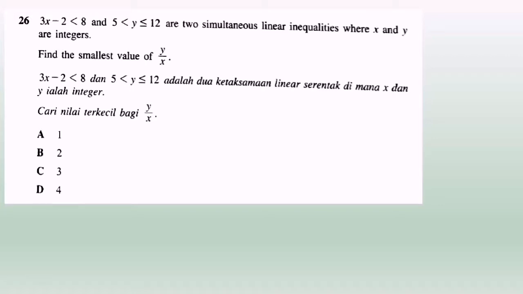Okay, so now we solve this inequality first. 3s minus 2 less than 8. 3s less than 8 plus 2. 3s less than 10. S less than 10 over 3. So s less than 3, 1 over 3.